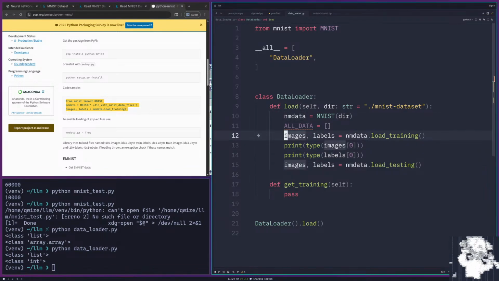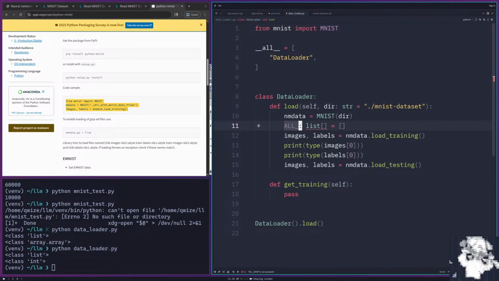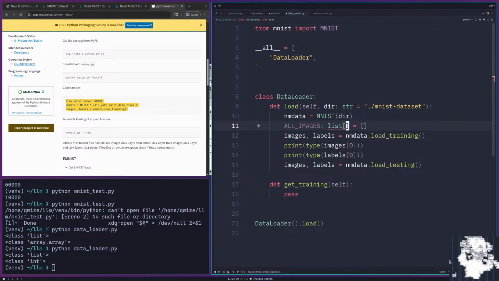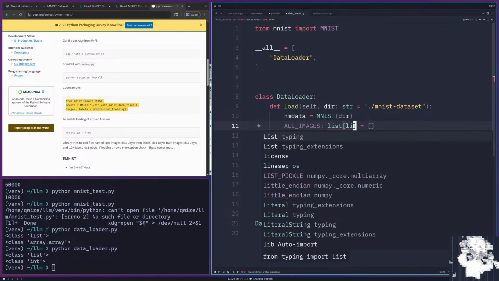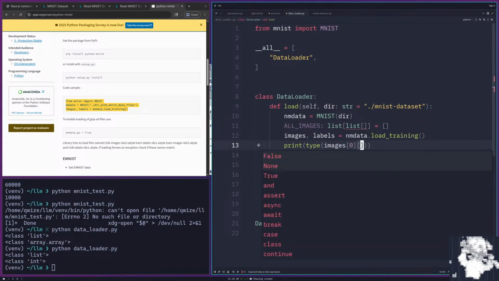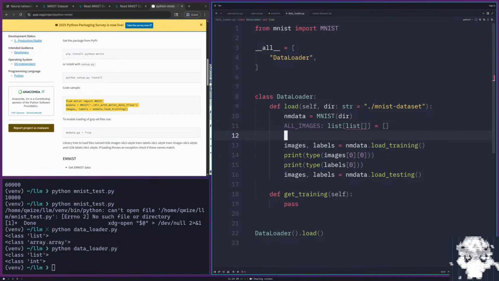So this is a list of, or let's do all images is a list of list and then of what? Whereas all labels is a list of int.